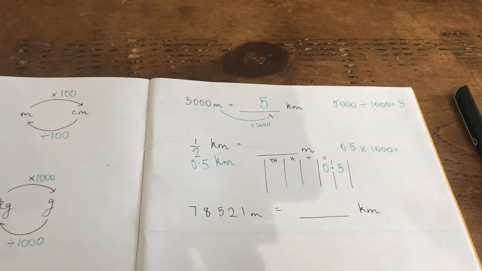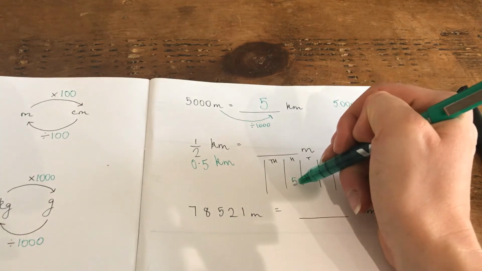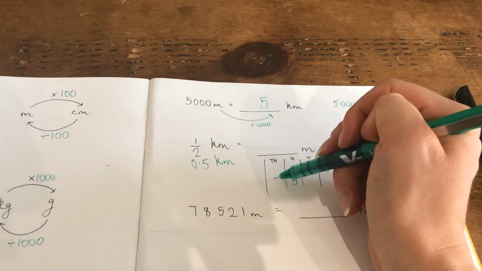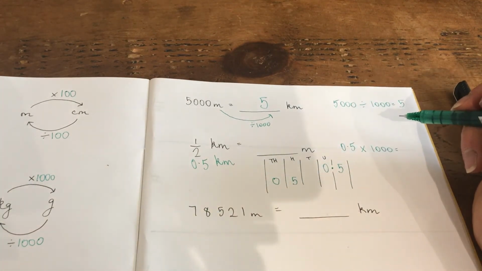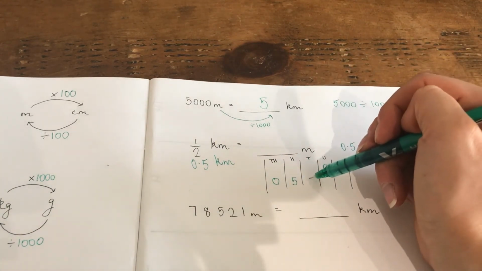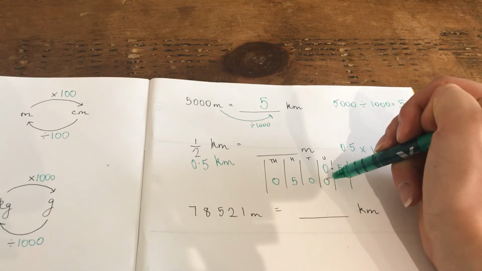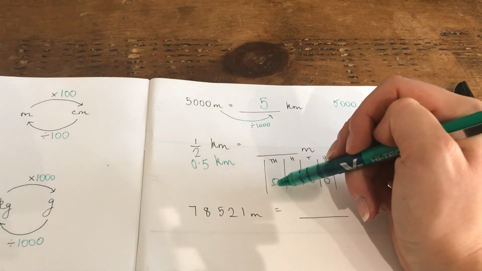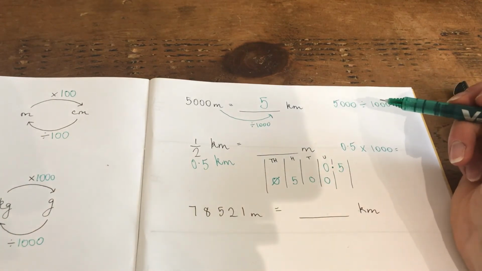So the 5 is going to end up in the hundreds. Now the 0, because they're not actually going to become unstuck, would go with it in front. And any spaces we've got here before the decimal point are going to be filled in with zeros. Now we don't need that 0 that's in front, so that 0 can disappear.